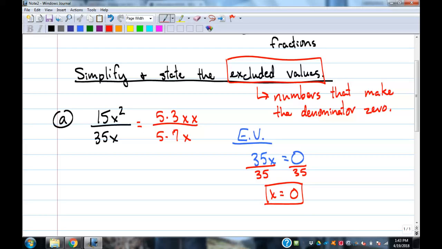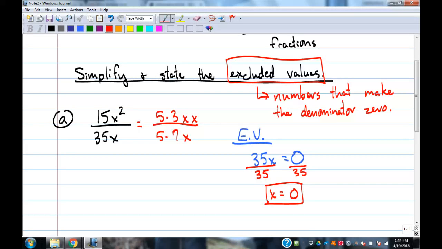Anything that's multiplying together is called a factor, right? The factors of 12, we would say 3 and 4 are factors of 12 because they multiply together to be 12. Here we've got factors on the top. 5 is a factor, 3 is a factor, x is a factor, and this other x is another factor on the top. On the bottom, the factors are 5, 7, and x. What we want to do is cancel matching factors.